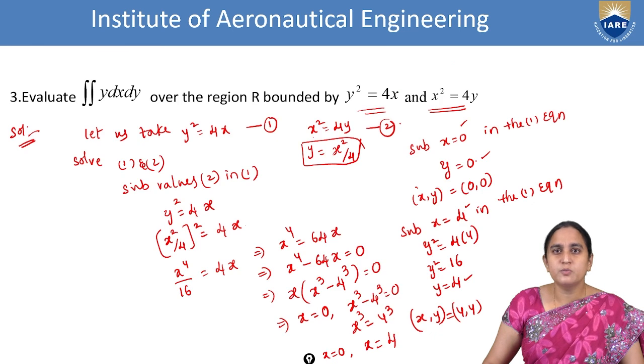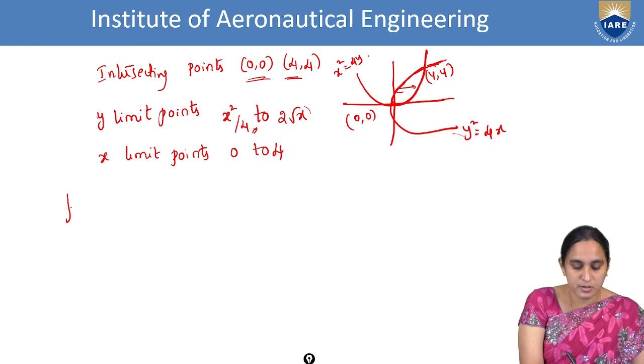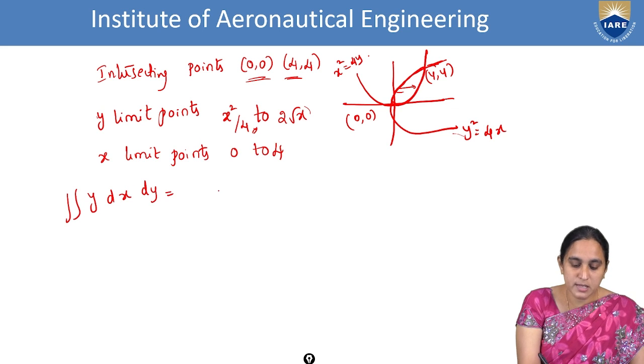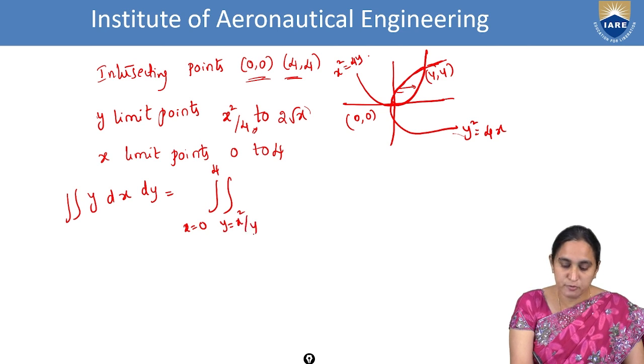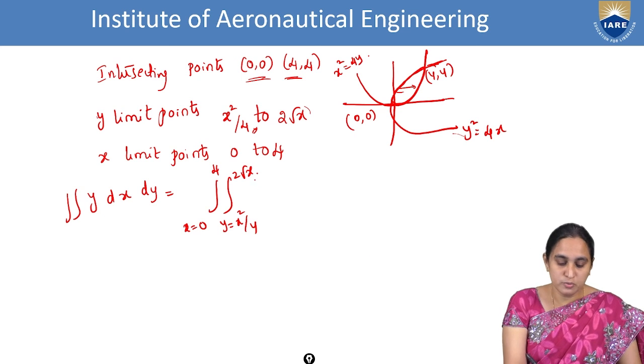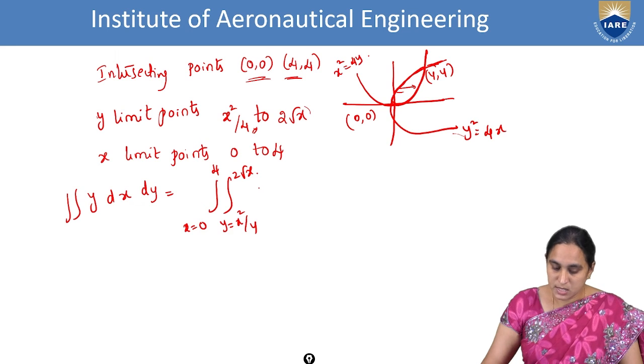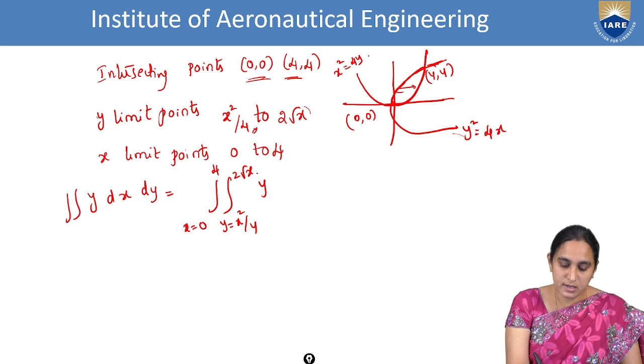Therefore, the given question is the double integral of y dx dy, that is equal to the integral with x from 0 to 4 and y from x square by 4 to 2 root x. Here the function is only y dx dy.